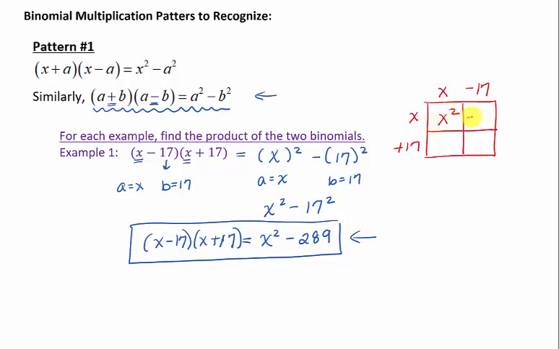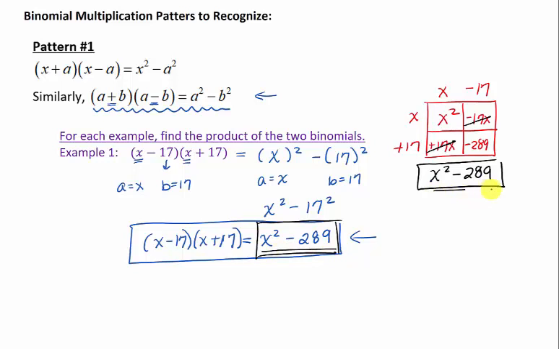So we've got x squared minus 17x plus a 17x, and then a 17 times a negative 17 would be a negative 289. When you collect like terms in this area model, you see the positive 17x and the negative 17x effectively cancel, leaving you with just x squared minus 289. So you can see we get the same result either way. If we use the shortcut, we can get there rather quickly. If we use the area model, we get the same answer.